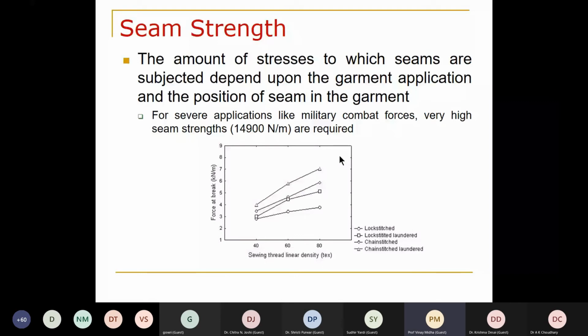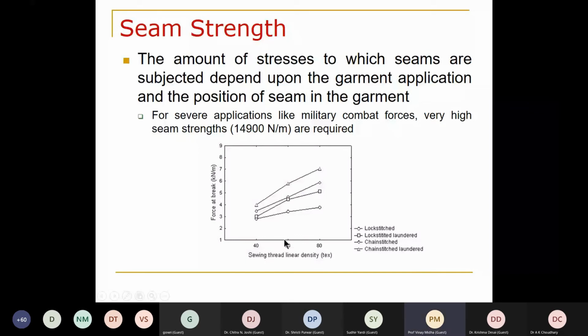Then the type of sewing thread which is to be selected for the application and the required seam strength will depend upon the application, that is, how much stress is normally expected from that particular fabric, and accordingly the sewing thread should be selected. For example, in this case, we can see that for severe applications, the military combat forces, very high seam strengths may be required, which is 14,900 newtons per meter.